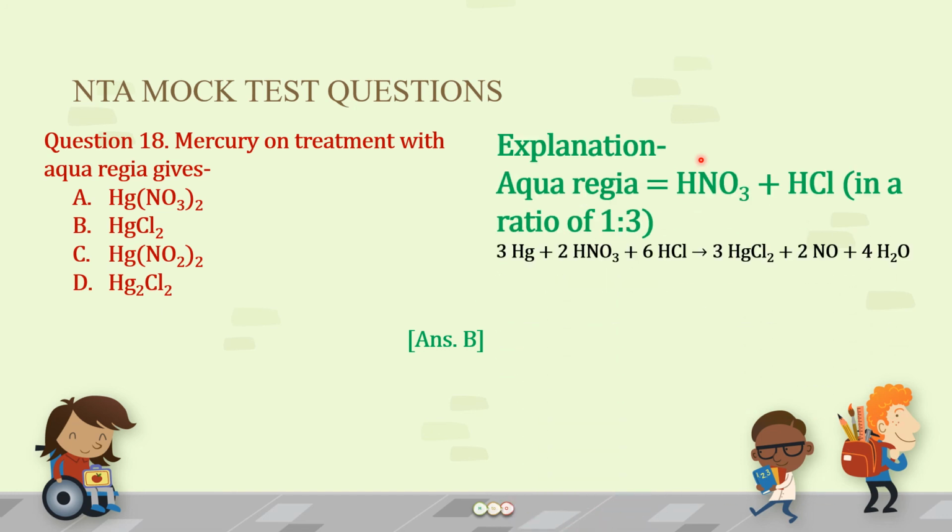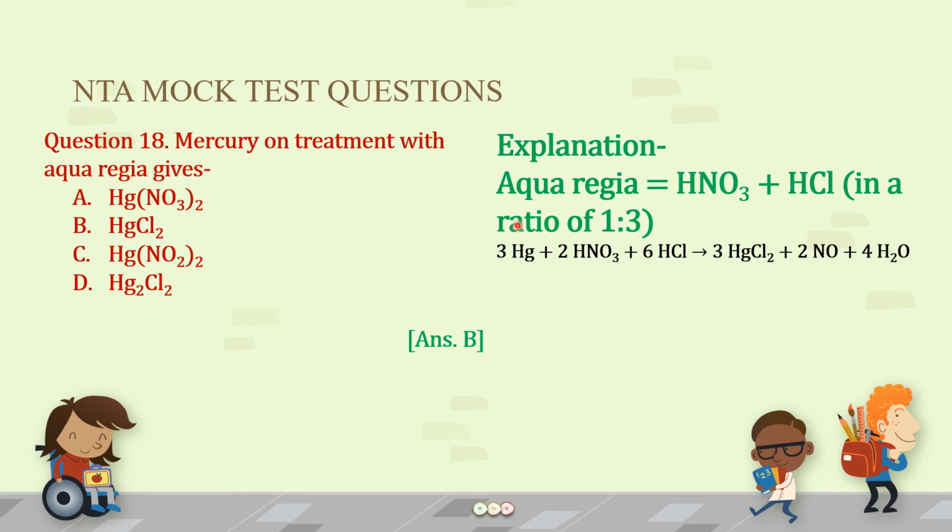First of all, you should have a clear understanding, very importantly, that aqua regia is HNO3 and HCl in a ratio of 1:3. So 1 mole of HNO3 and 3 moles of HCl. This is called aqua regia. Why do we use aqua regia? Generally, they are the noble metals. Do remember that they do not react with HNO3.